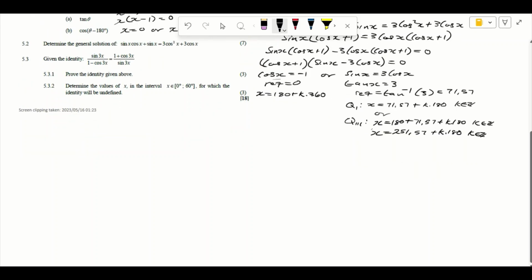In 5.3, we are given the identity sine 3x over 1 minus cos 3x is equal to 1 plus cos 3x over sine 3x. So we must prove the identity. I'm going to prove that the left hand side is equal to the right hand side. So here is sine 3x over 1 minus cos 3x, and I'm going to multiply it by 1, but the 1 is going to be made from the conjugate of the denominator.